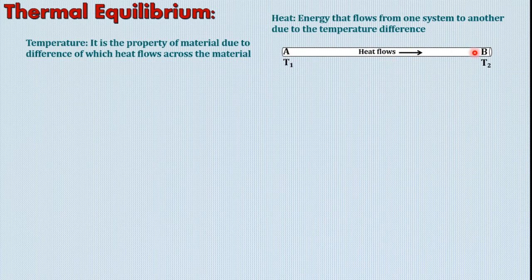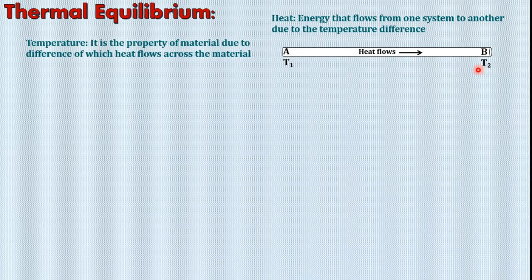Let us consider a rod with end A at temperature T1 and end B at temperature T2. If we consider these two temperatures are different, suppose T1 is greater than T2, then what will happen? Natural process is temperature T1 will decrease and temperature T2 will increase.